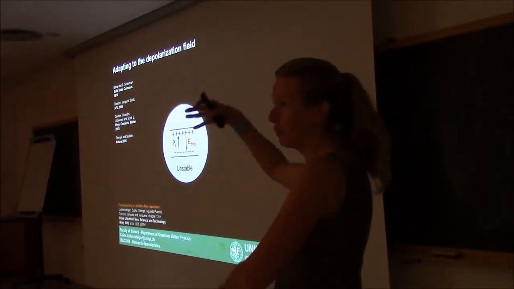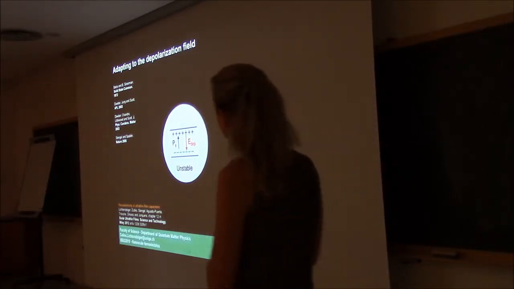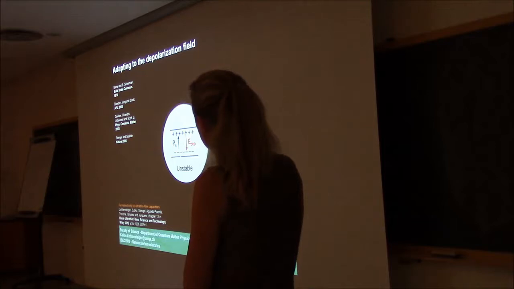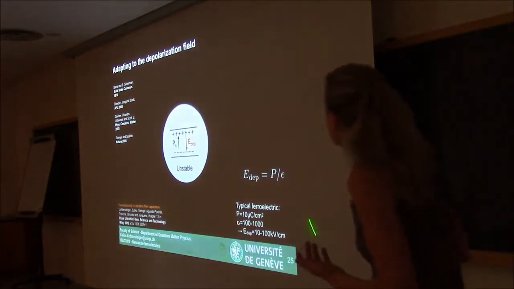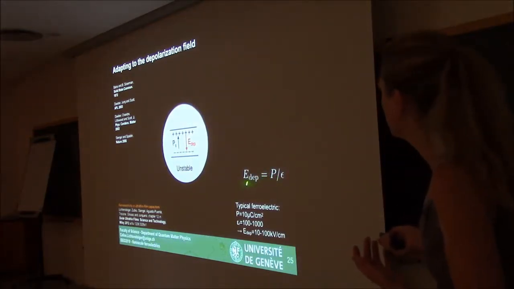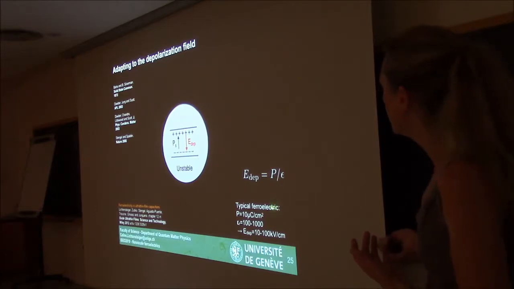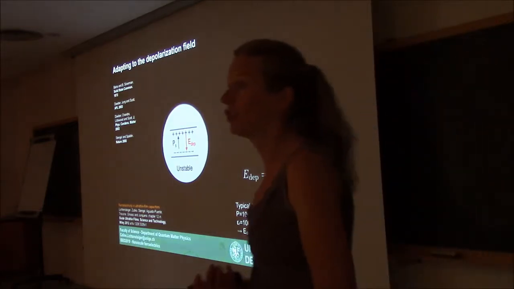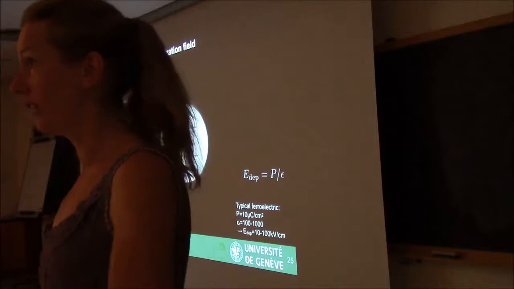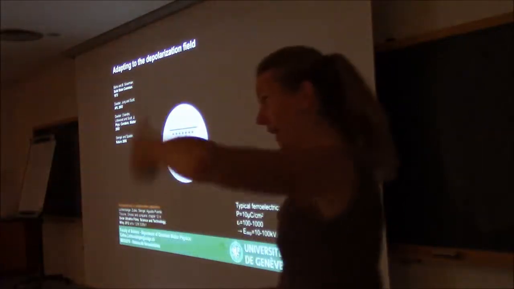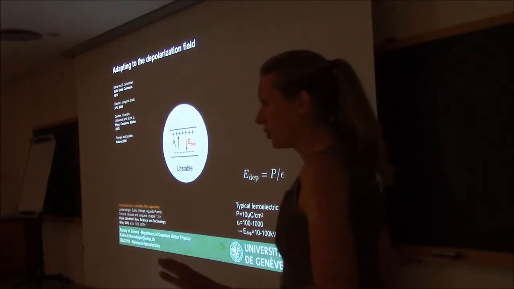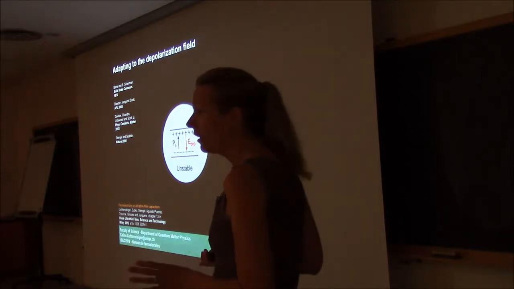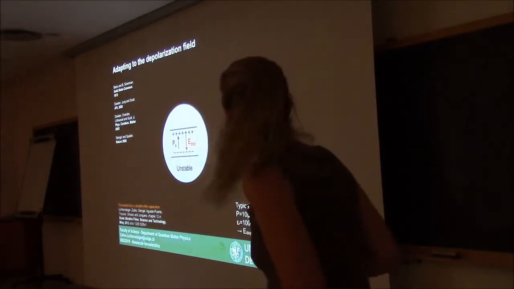Okay, so you have the dipoles and the charges at the surface, and these bound charges give rise to a field. And if you do the calculation, you see that in many cases, the value of this field is of the order or even larger than the coercive field itself. The coercive field is the field that you need to apply to switch the polarization. So that shows you that if you don't do anything, you cannot maintain the polarization.